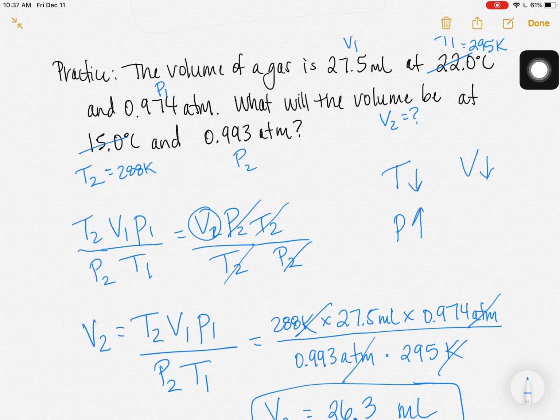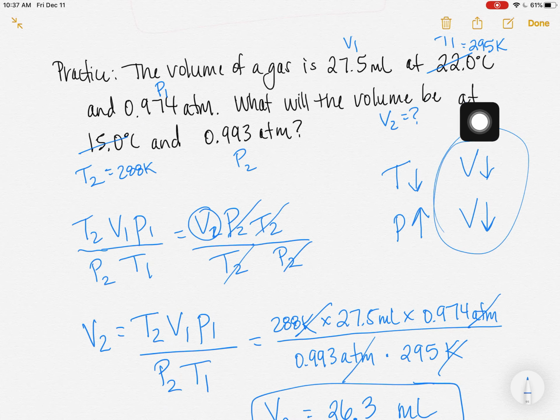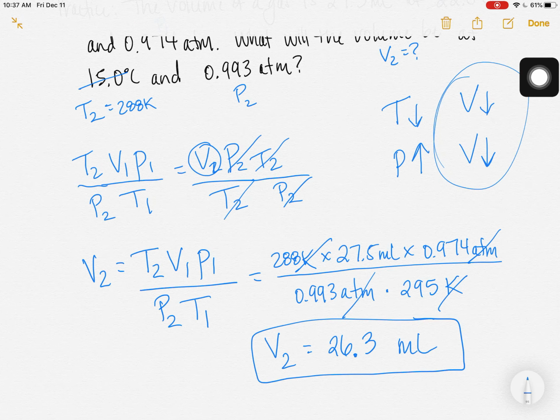Pressure in this case went up, so we would expect the volume to go down. So the volume would decrease in both scenarios, so we would expect my volume to be less than 27.5, and it is. So that one, again, wasn't as bad as I thought, but it's a little harder to justify. So those are your first 4 gas laws.